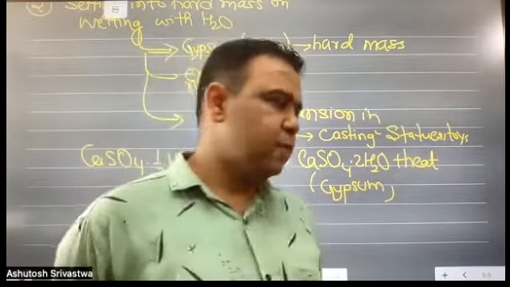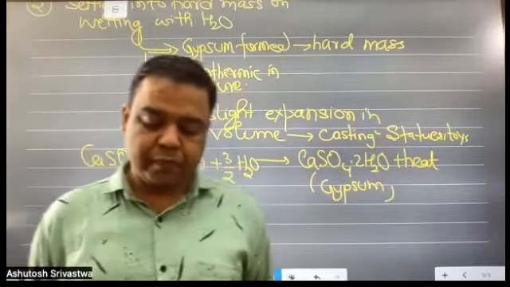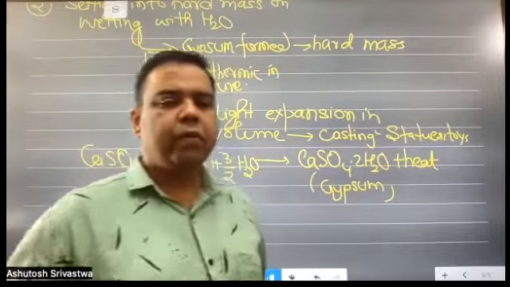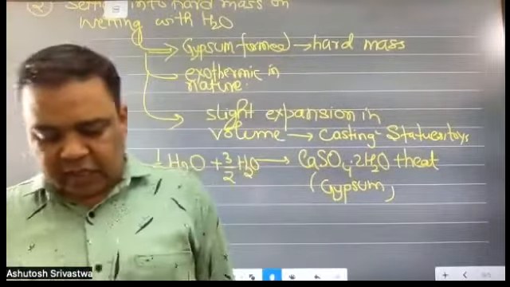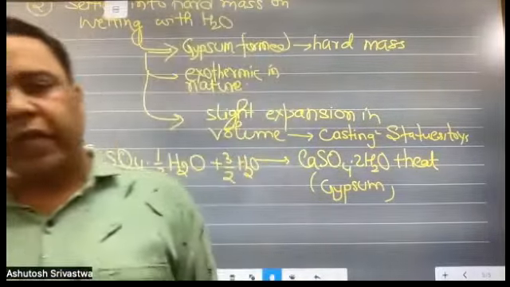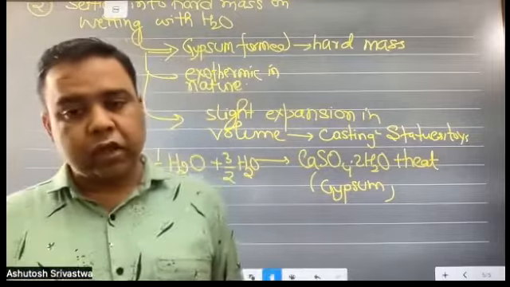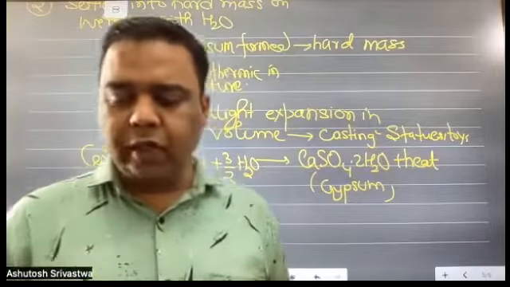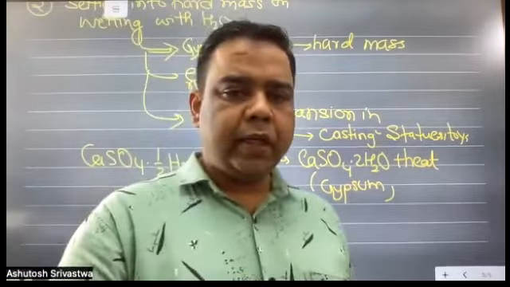It's very easy. It should be stored in moisture-proof containers because if moisture is present, it is going to set, which is irreversible in nature. The process is irreversible, and now the POP will be waste. It will be of no use. So we want a moisture-proof container. Done? Any doubt?